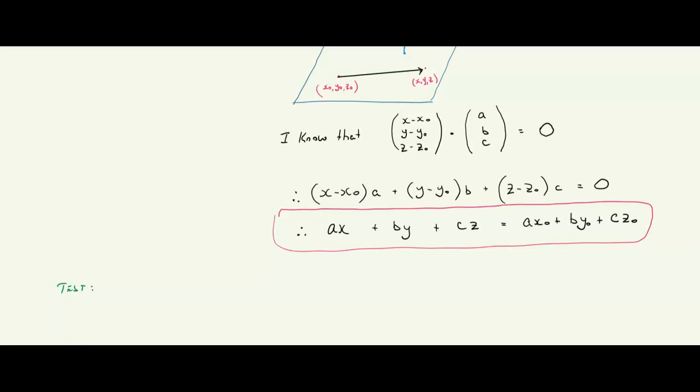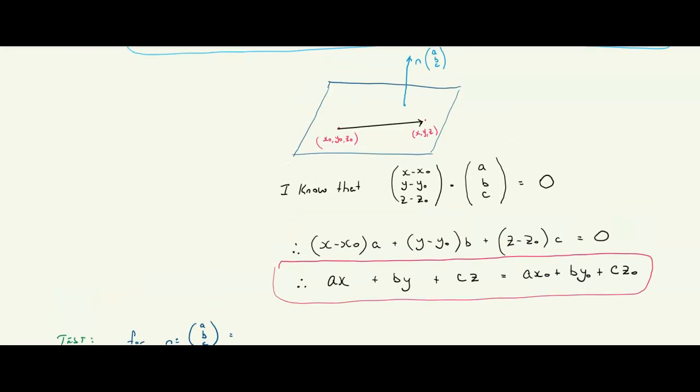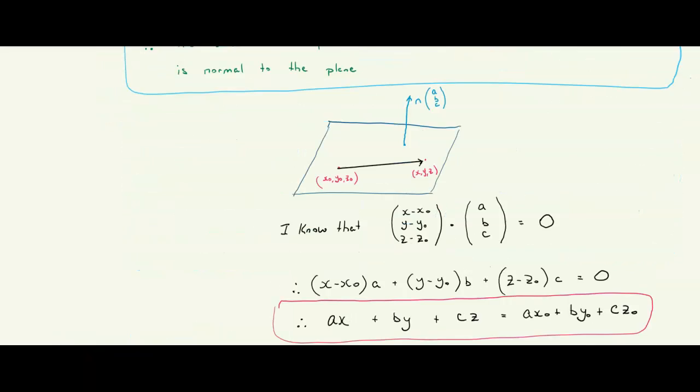Okay, so I should get ax plus by plus cz. That's just generalized. I know what my a, b, and c are. For n, which is my ABC, which is in this case my normal vector, what do I work it out to be? 1, 3, 1.